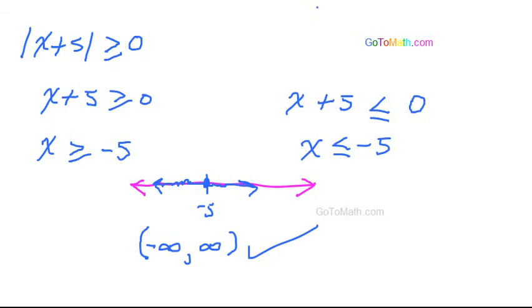So that's kind of a silly one, but it's also kind of tricky, because people are like, wait a minute, that's everything. Now, let's say, for example, we had something like this. Is that even possible?